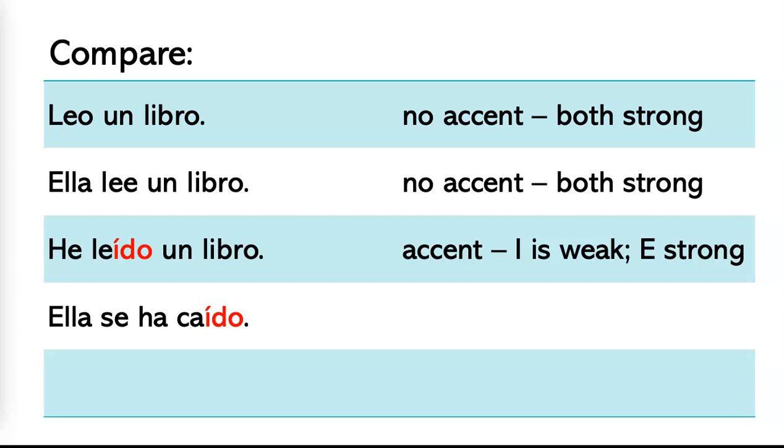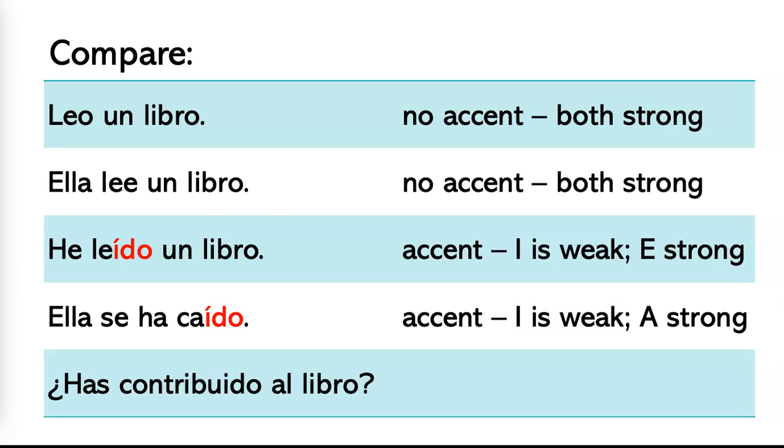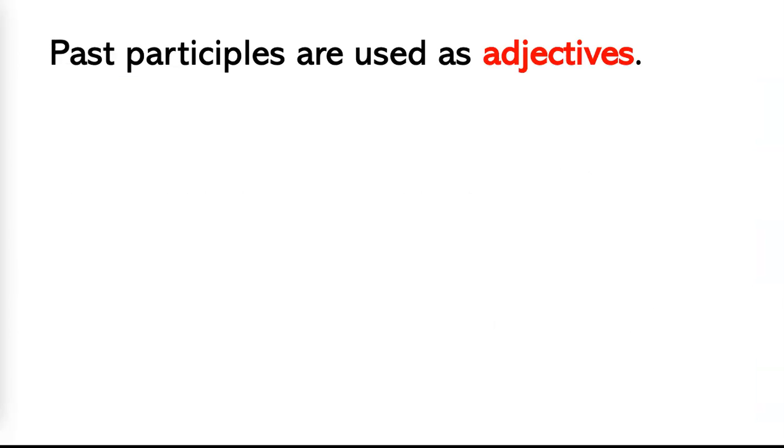Ella se ha caído. Again, we need an accent because the I is weak and the A is strong. Well, what about if you have two weak vowels? Has contribuido al libro. No accent because both the U and the I are weak.